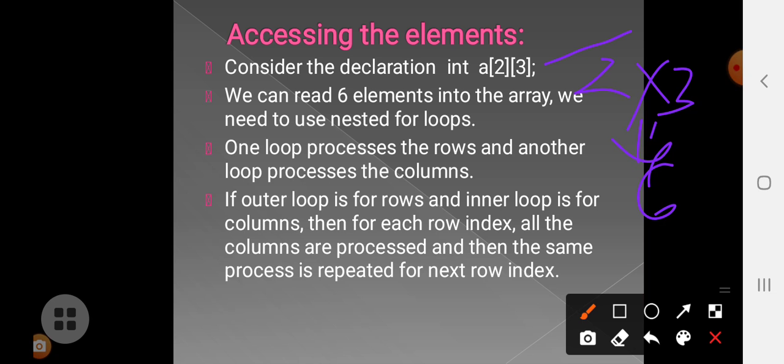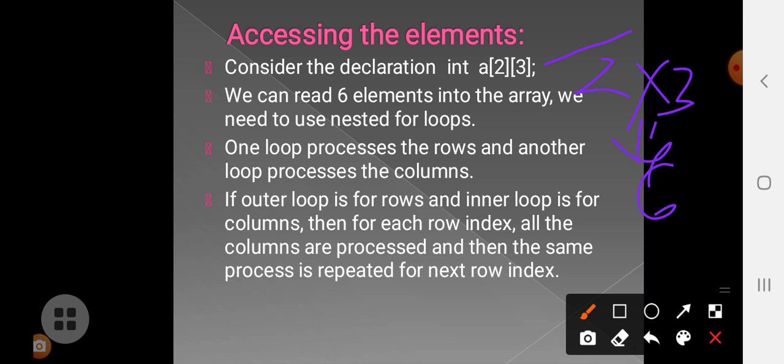So we need to use a nested loop for this. Nested loop in the sense what? A loop within a loop. If you are not using loops, you have to write the statements again and again, written by the programmer. Instead of that, we can represent the accessing of the array elements using nested loops.